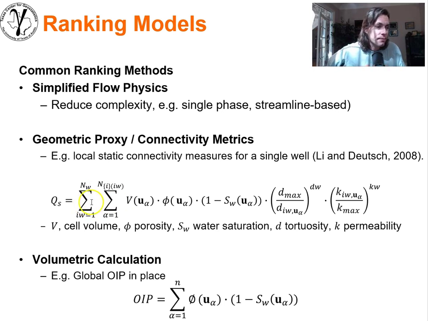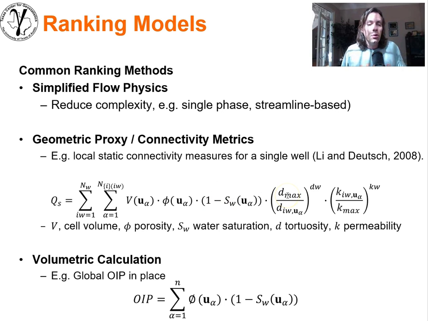You go to every well location and then you go to every cell that could potentially be connected within the radius of possible drainage of that well. You take the volume available, the pore space within that, so the volume of the cell combined with the porosity gives you the pore space. You get the amount of hydrocarbon by removing the water saturation.